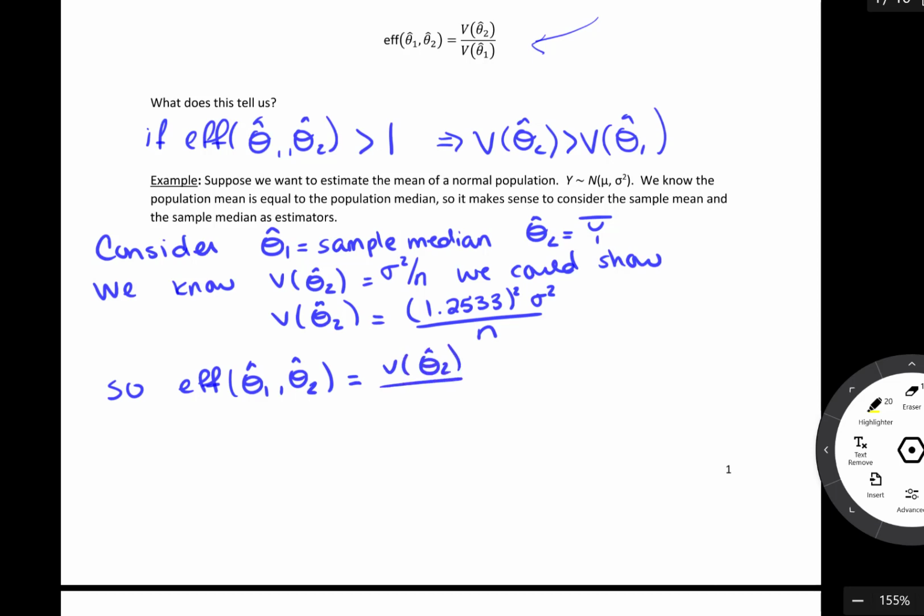We have the variance of theta hat 2 over the variance of theta hat 1, and we get the following.